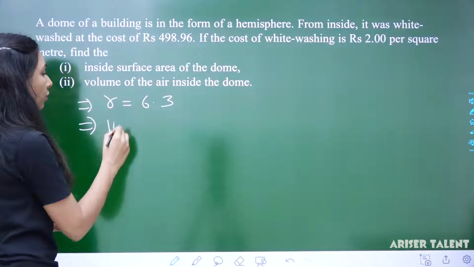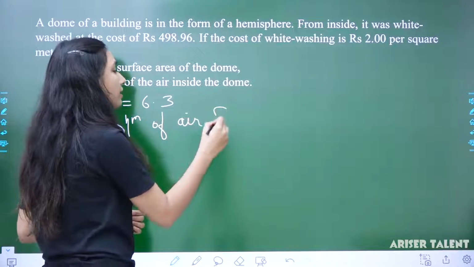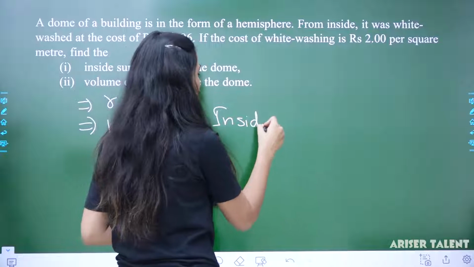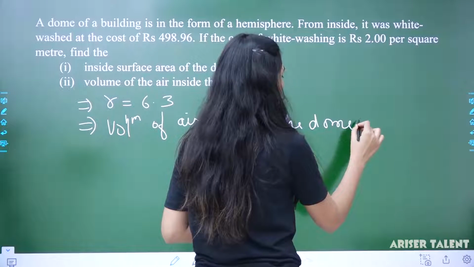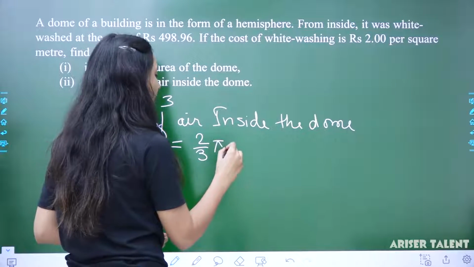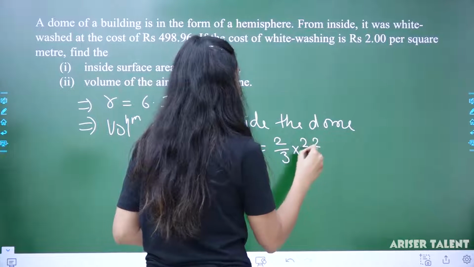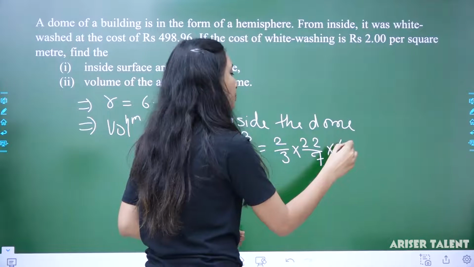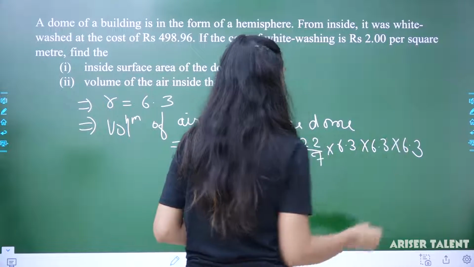This implies that the volume of air inside the dome, these are approximate values, students, is equal to 2 by 3 pi r cube, which is equal to 2 by 3, pi is 22 by 7, and r is 6.3, 6.3 and 6.3.